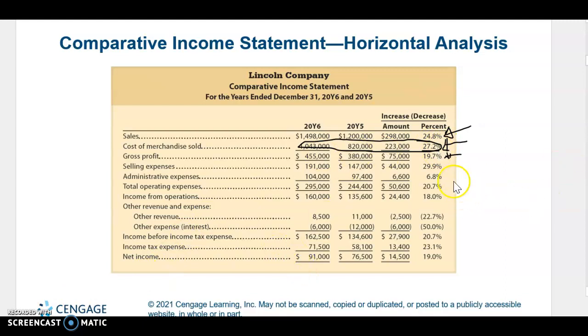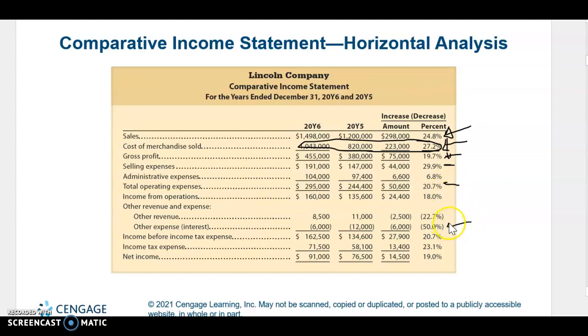Okay, and then if you look down, we can see that operating expenses and selling expenses went up a lot. So that's something you would definitely want to look at too. You don't want your expenses going up too high from year to year.